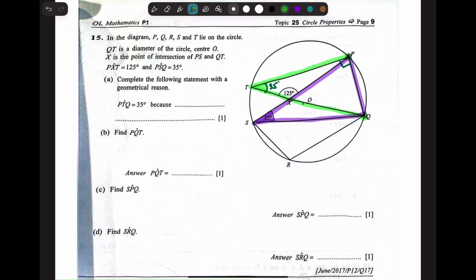So because angles in the same segment are equal, PTQ is also going to be 35 degrees. Okay? Because angles in the same segment are equal.